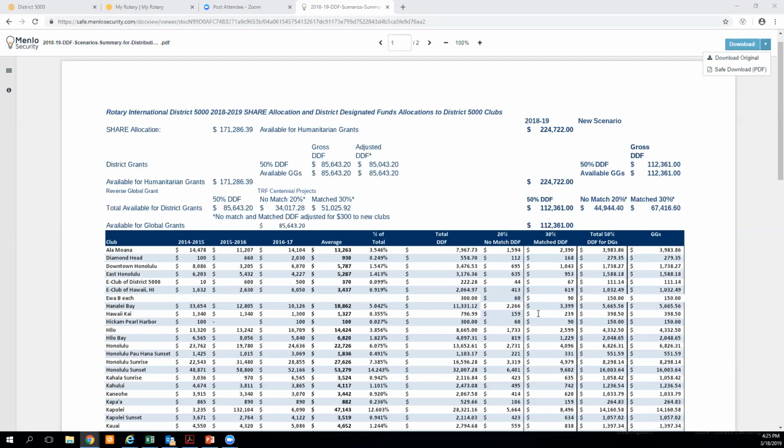Now, of that, in this case, 50% of it is for district grants and 50% of it is for global grants. On the district grants, we kept 20% of the district grant funds as no match. All you have to do is ask for them.